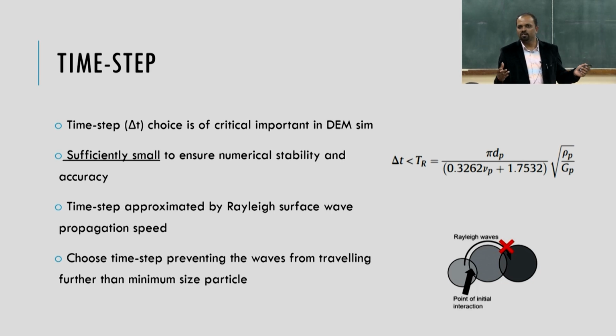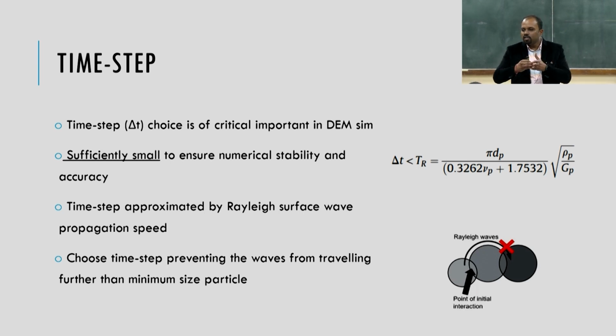If you know the speed, we can find the time also. This Rayleigh time depends on the radius of the particle, density, shear modulus, and Poisson's ratio of the particle. Once this is defined, we can give the time step, and it generally varies between 10 to 40% in the case of food processing or food grains.